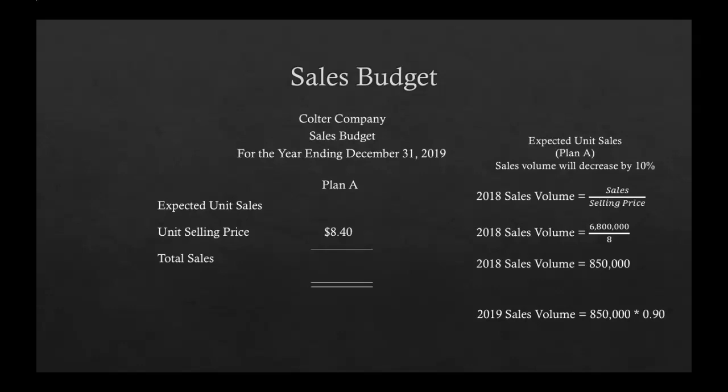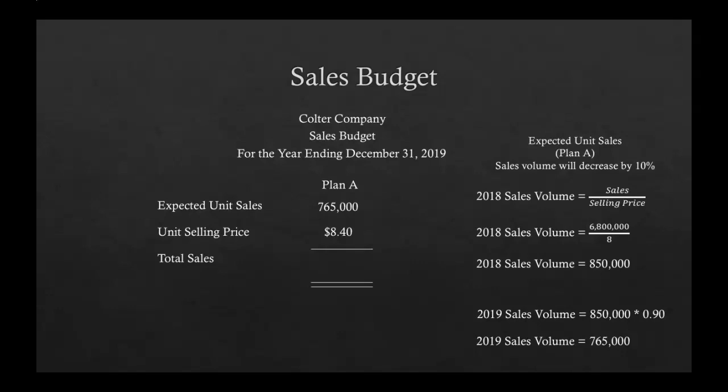So we find 90% of 850,000, and we get our sales volume for 2019 under Plan A as 765,000 units.